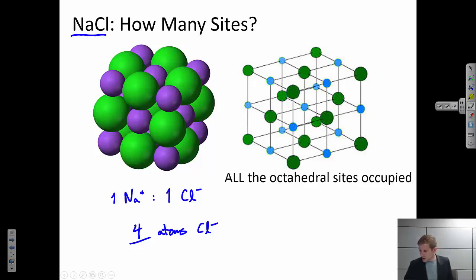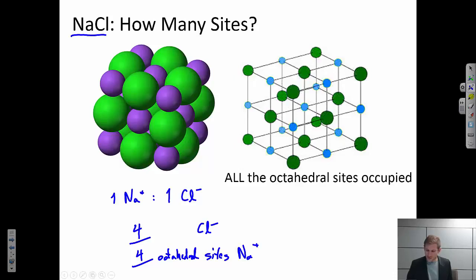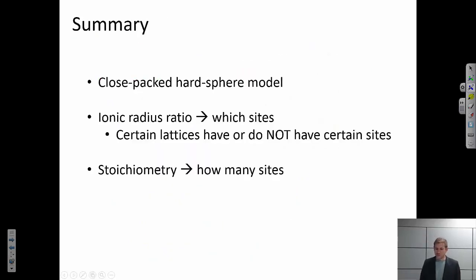These are actually ions, right? So 4 chlorine ions. And so essentially we need to occupy 4 octahedral sites with sodium, and that'll give us a 1-to-1 ratio of sodium to chlorine. That is the case if all of the octahedral sites are occupied.